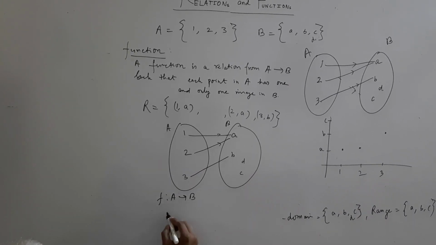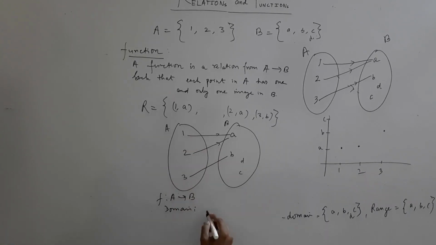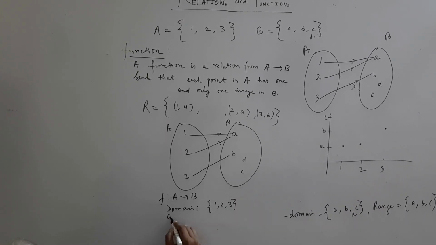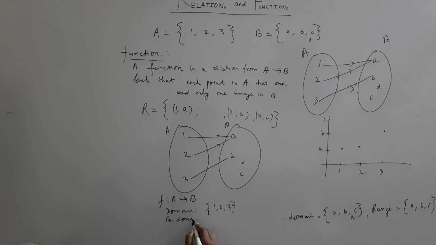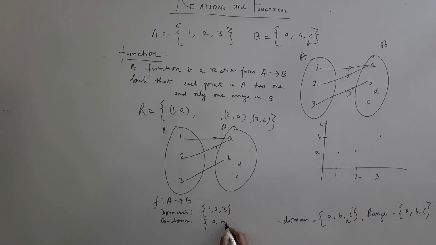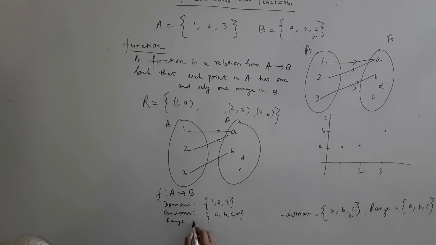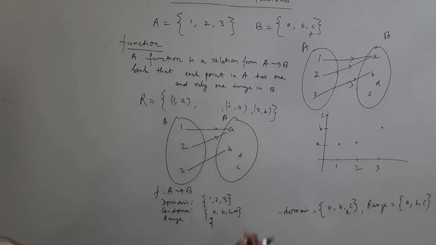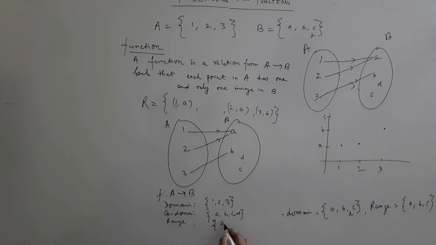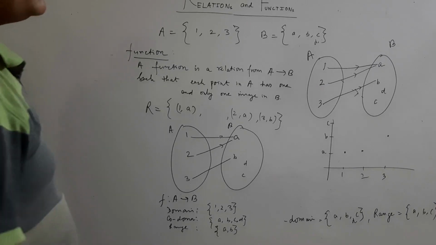So now let's understand the domain. Domain is the set of the first elements, that is 1, 2, 3. Codomain is the set of all these elements, that is A, B, C, D. And range is the collection of only those values which are connected, that is A and B.